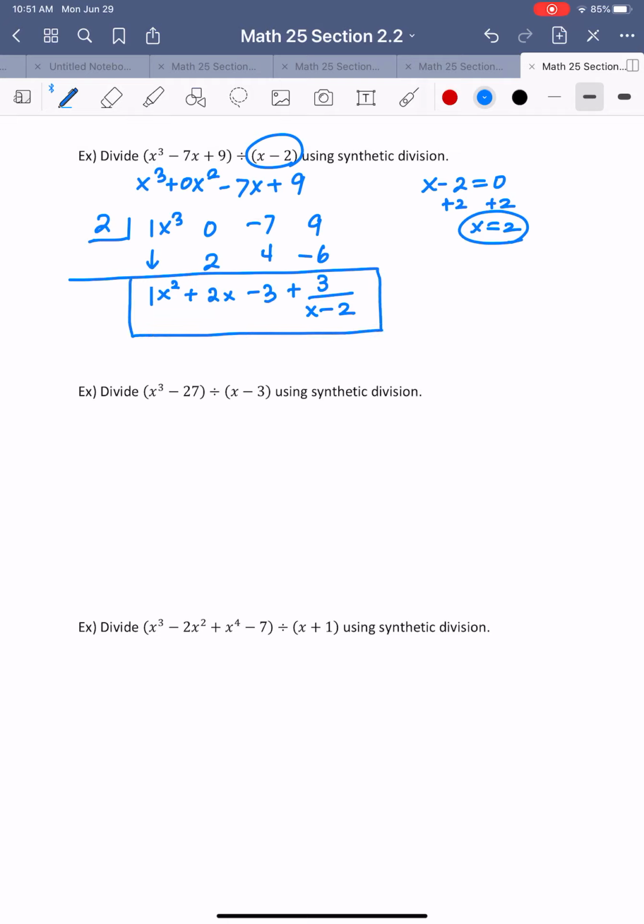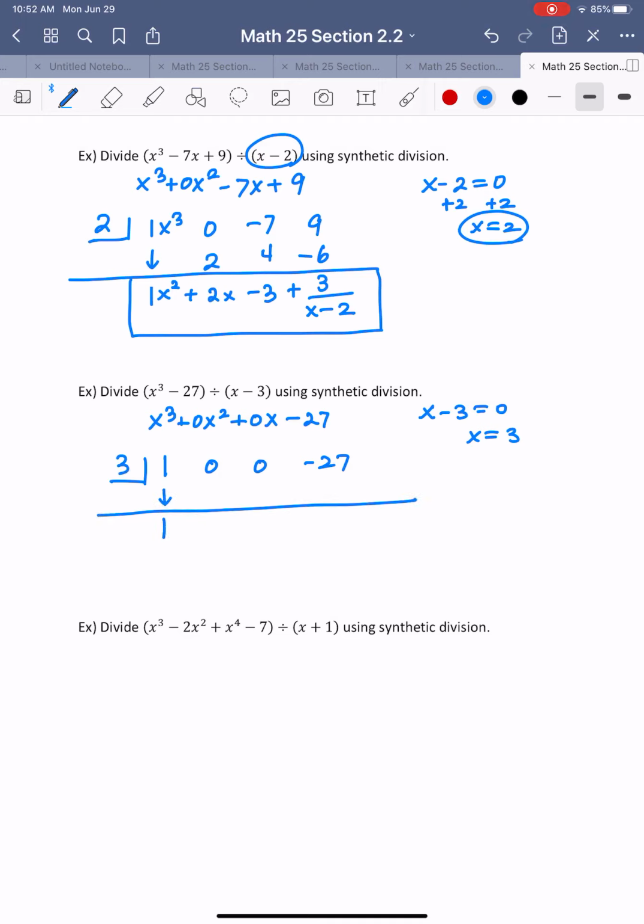Okay, next one. This means what? x cubed plus 0x squared plus, I don't see an x term, but I see the constant, okay? So I got 1, 0, 0, negative 27, and divide by x minus 3 equal to 0, so x is 3. So put 3 here. Drop 1, 1 times 3 is 3, added 3. 3 times 3, 9, 9. 9 times 3, 27.